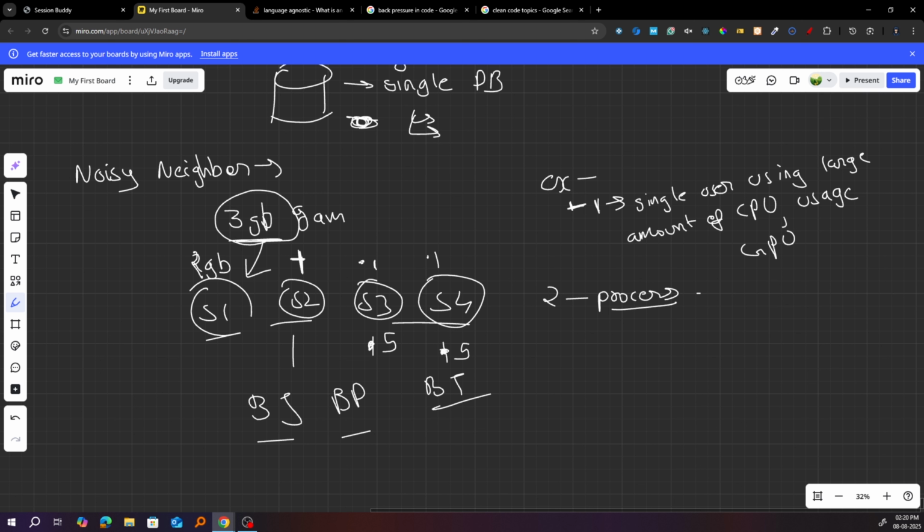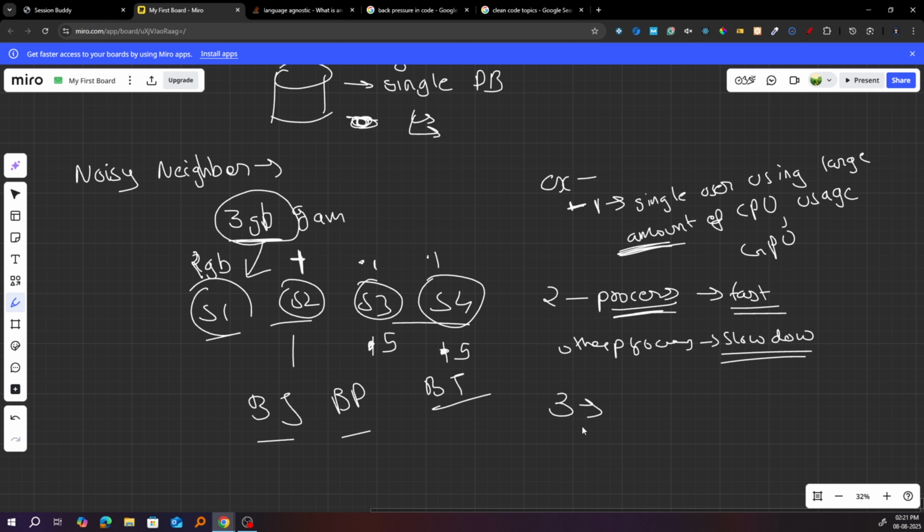The same ideology can be applied to a process. If your process is running in the background and it is utilizing server resources in a large amount for input output operations, it can cause other processes to slow down, right? Other processes will slow down.